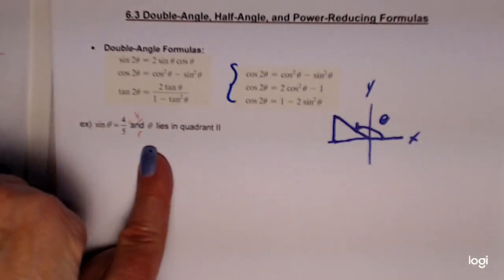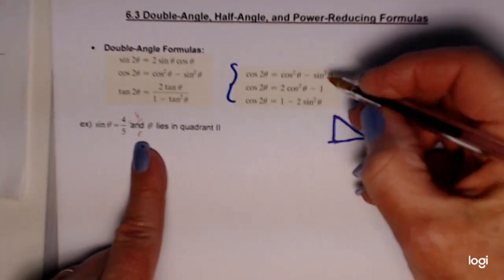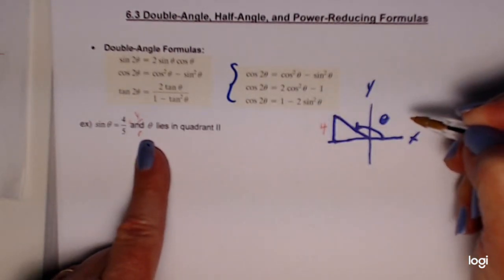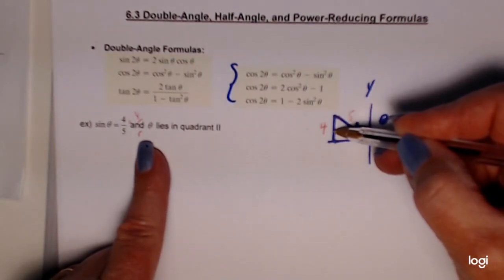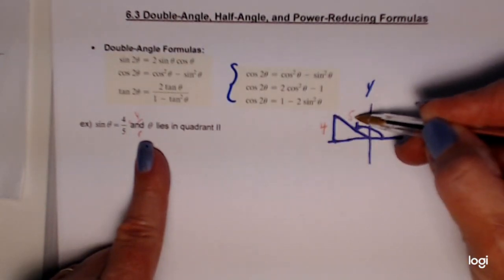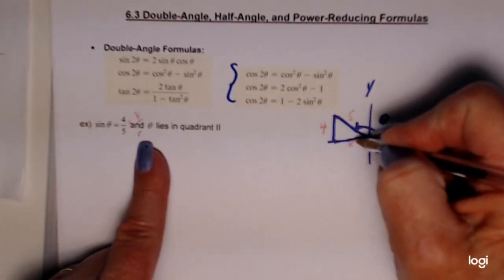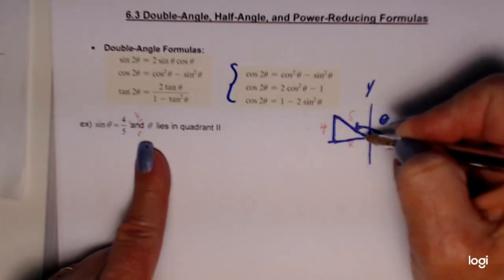So when we look at this, we know that this is our y value, this is 4, and then our r is 5. So we have one leg of our triangle, the opposite, we have our r, and now we're going to need to find this x value in order to find cosine and then tan.